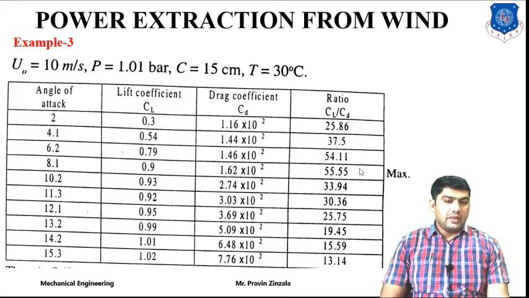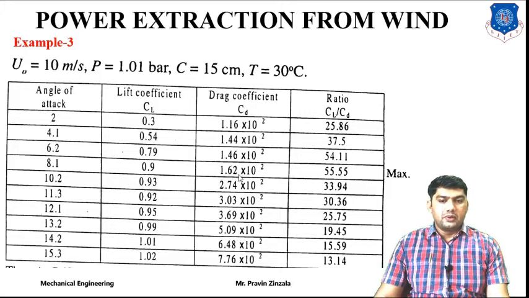So our main component is lift coefficient. By the ratio, we are getting the maximum value of CL by CD equal to 55.55, meaning we will take the value of CL as 0.9 and the value of CD equal to 1.62 into 10 raised to minus 2 for this example.